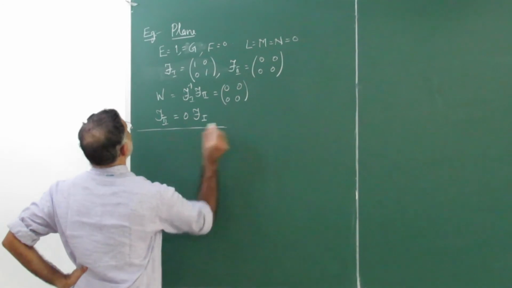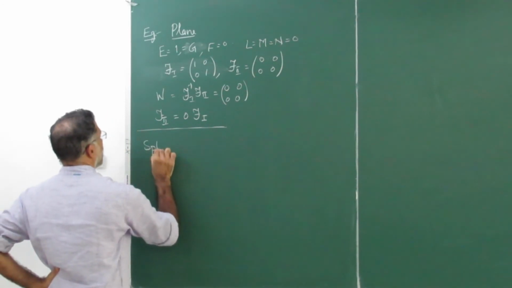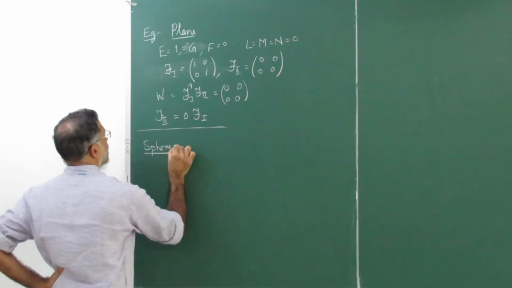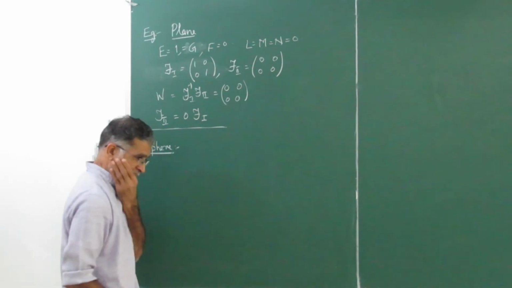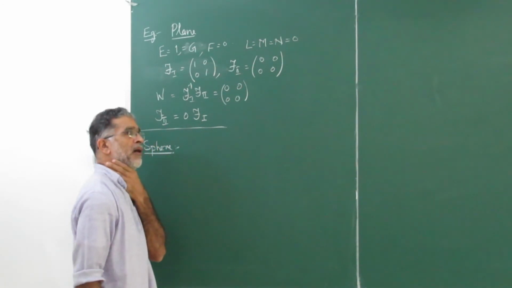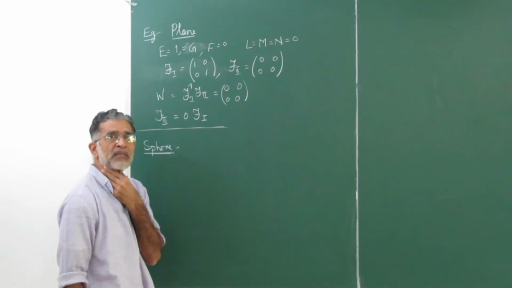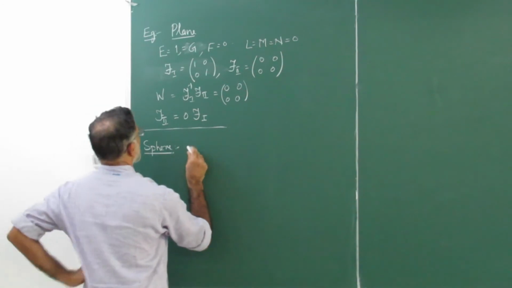So that's the first thing. The second thing is the sphere. Standard sphere, or probably we will look at a sphere with radius r, just to have a difference. So what do you get?